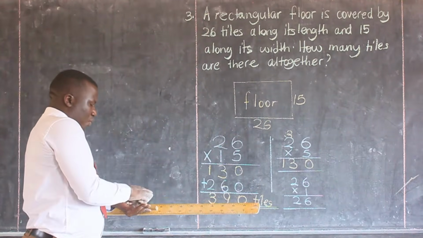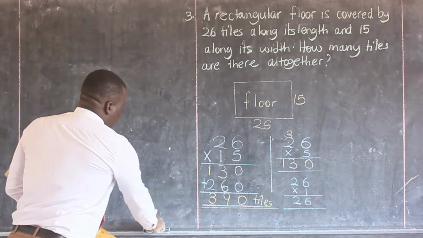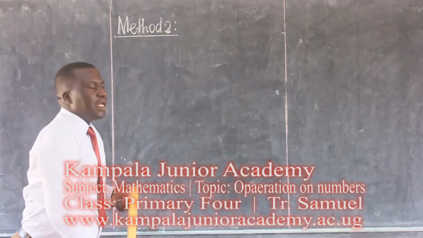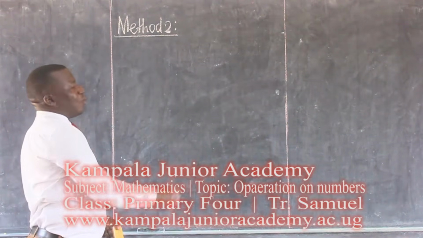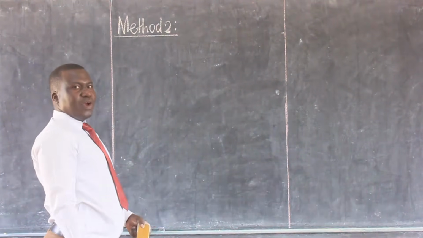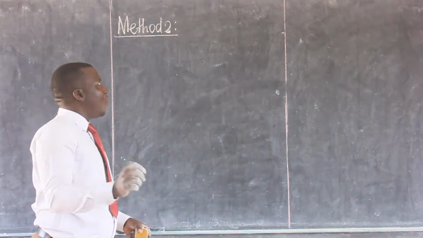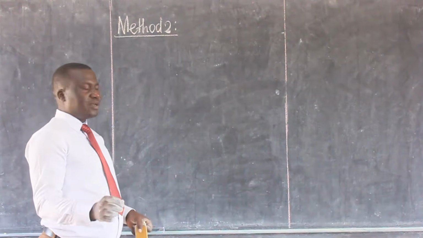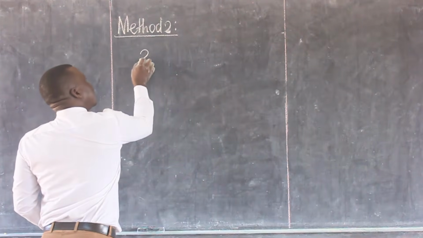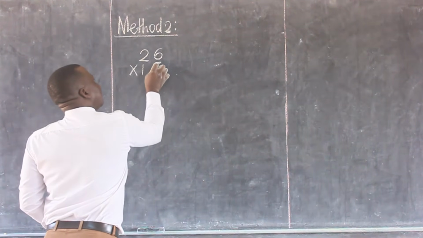I also want to emphasize our method 2. Okay, dear children of P4, now let's look at method 2, the one we called the lattice method. I want you to understand that method as well, okay? Remember, we are multiplying 26 times 15.